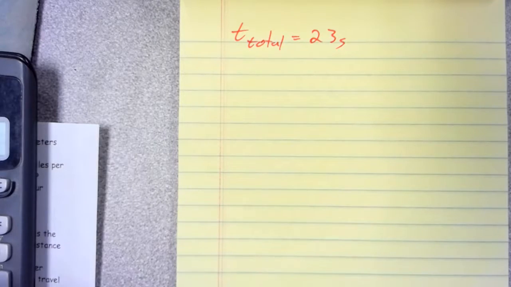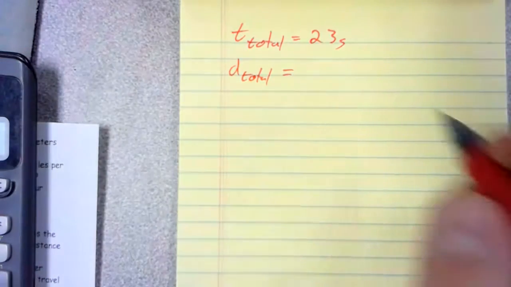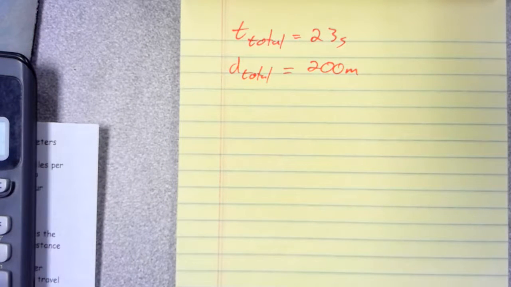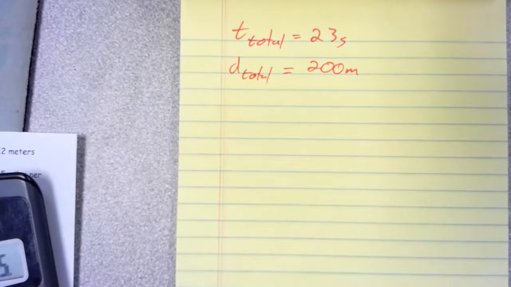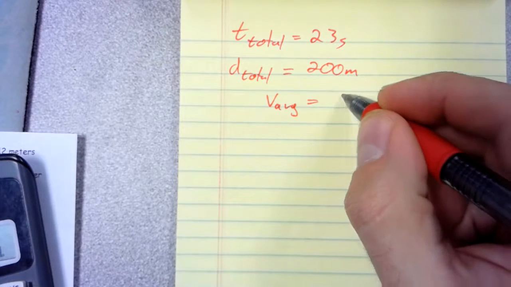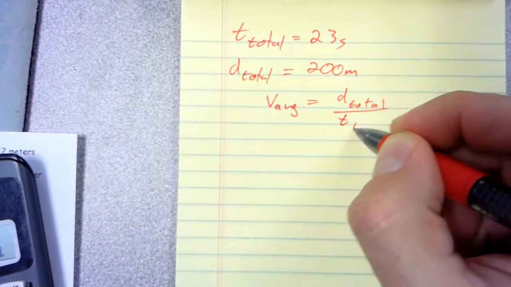Referencing my problem again, my distance total was 200 meters. And of course, if the problem didn't just give it to us, we would be able to add 180 plus 20 to get 200 pretty easily. That's pretty straightforward. And remember that V average is equal to D total over T total.